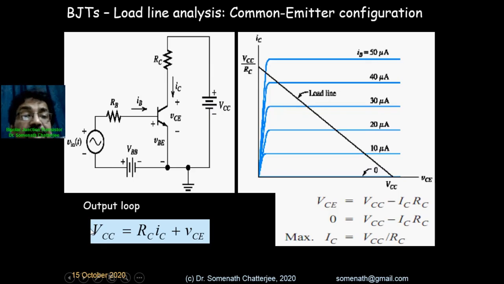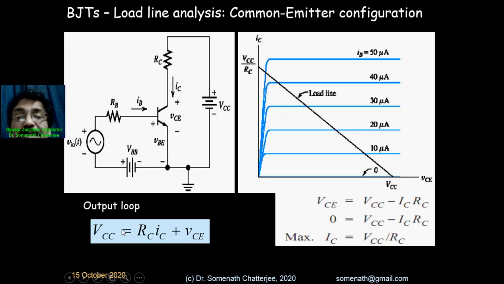So applying KVL in the output loop, Kirchhoff's voltage law, we can say the VCC is basically the summation of ICRC, the potential drop across the collector resistance, and the potential drop across the collector to emitter junction. Collector to emitter means collector to base to emitter junction, right? So VCE is the output voltage.